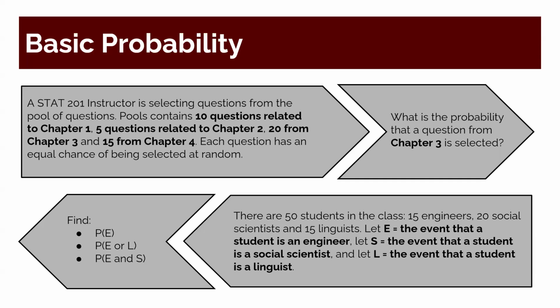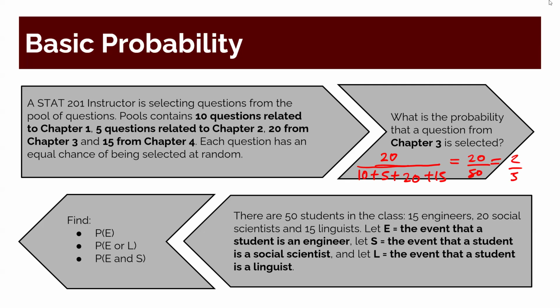So the probability is 20 out of how many questions there are in total. So 10 from chapter 1, 5 from chapter 2, 20, and 15. So 2 out of 5, right? So every 2 out of 5 questions is going to be from chapter 3.